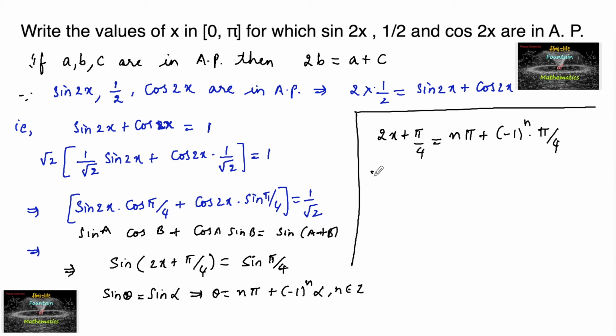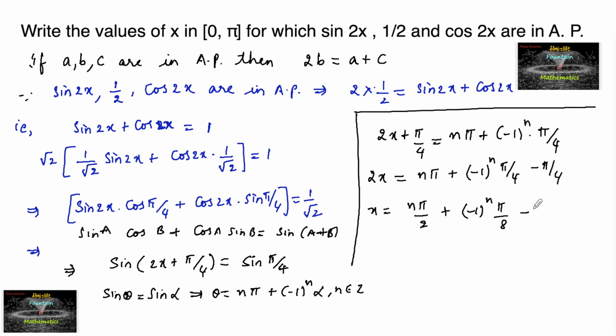So we can write this as 2x is equal to n pi plus (minus 1) whole power n pi by 4 minus pi by 4, or x is equal to n pi by 2 plus (minus 1) whole power n pi by 8 minus pi by 8. Now in the interval 0 to pi we need to find the values of x.